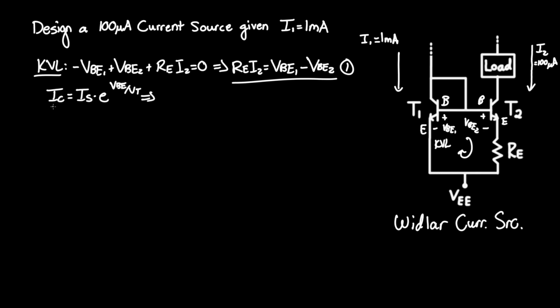We can do that by first dividing by IS. So now e to the power of VBE over VT equals IC over IS.